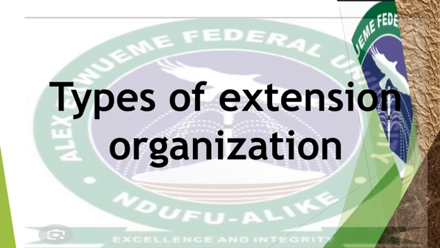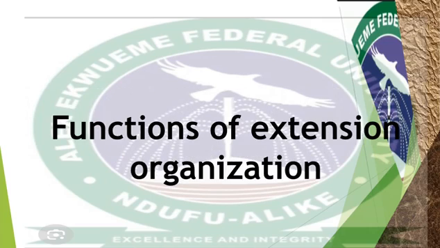Then in commodity-based extension service, what extension does here is to focus on a particular commodity. It can be cocoa, it can be rice, it can be sorghum, it can be groundnut, and it can be millet. Everything extension does will hover around those commodities.